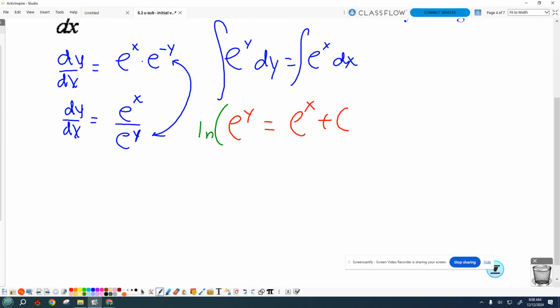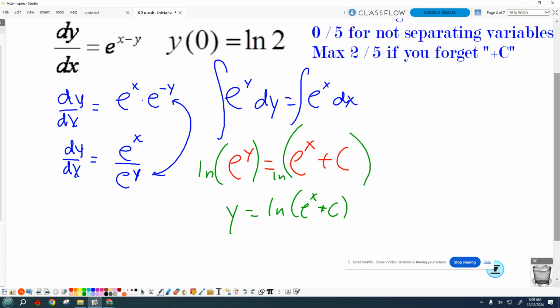So Kari says, natural log both sides, and you gotta take the whole group that's on the right. Natural log of e to the y is y. Alright, now we have y by itself.